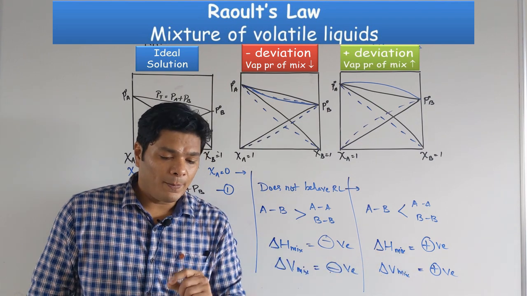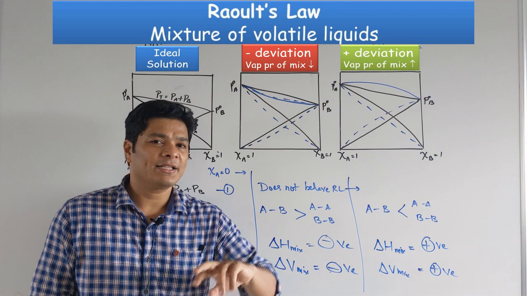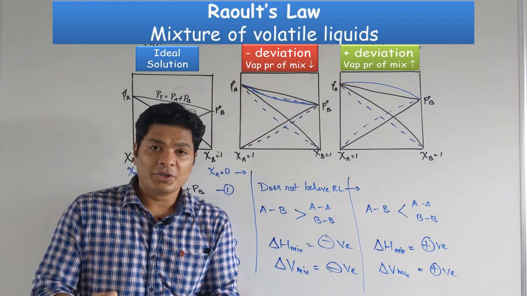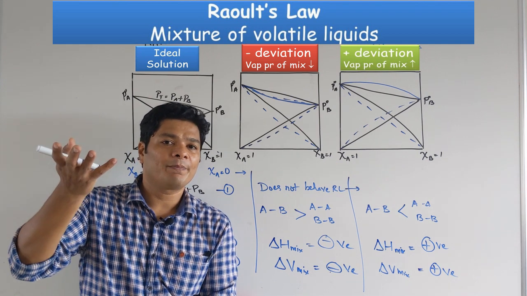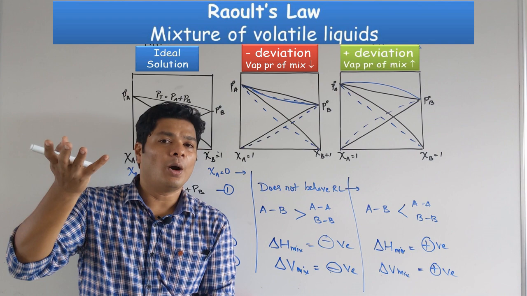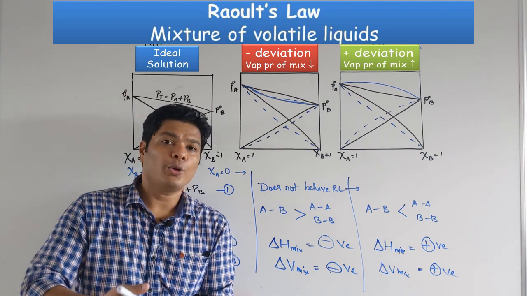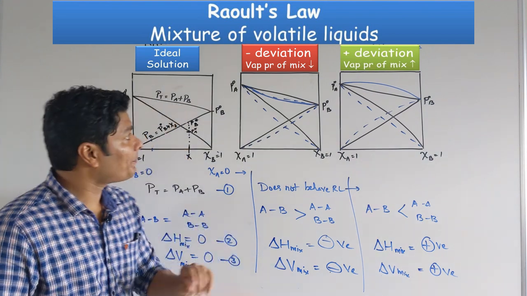The important thing that I want to say, the normal correlation of Raoult's law that you are going to see is in boiling point. It's the exact opposite of vapor pressure. Vapor pressure is how easily a given system can go into vapor. Boiling point is opposite. Higher the boiling point, meaning I have to put in a lot of energy to make it go into vapor. So higher the vapor pressure, lower the boiling point.